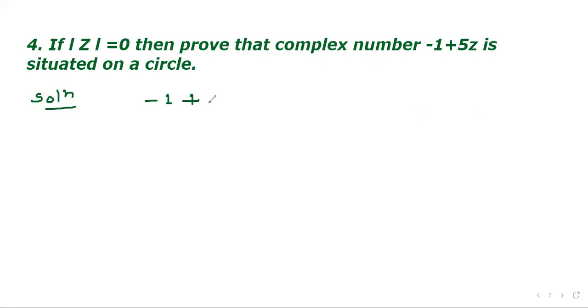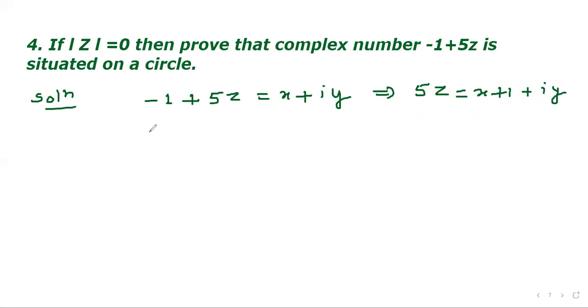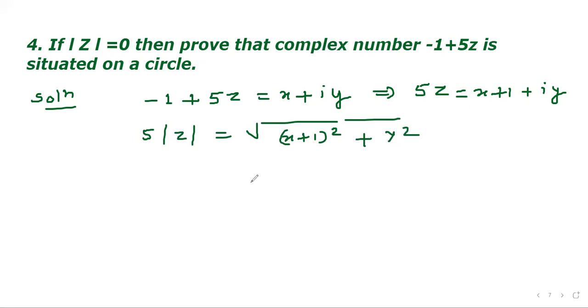Minus 1 plus 5Z is written as x plus iy, or 5Z equal to x plus 1 plus iota y. Taking modulus, 5 times modulus z equal to root of x plus 1 whole square plus y square.